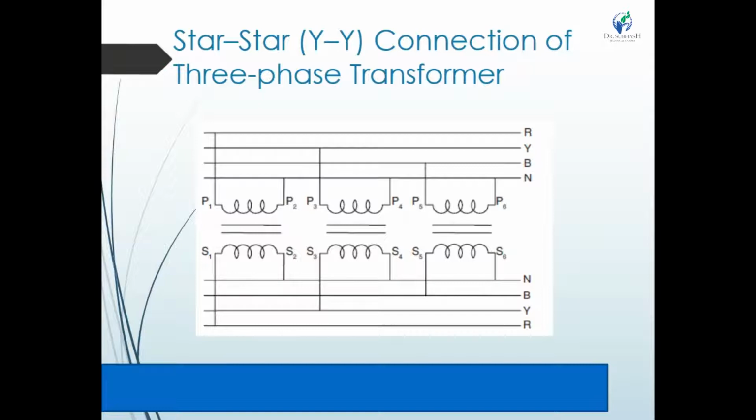This problem can be solved by connecting the primary neutral to the generator neutral. This also eliminates the distortion of the secondary phase voltages. This problem can also be avoided by another method in which a tertiary winding of relatively low kVA rating is provided.